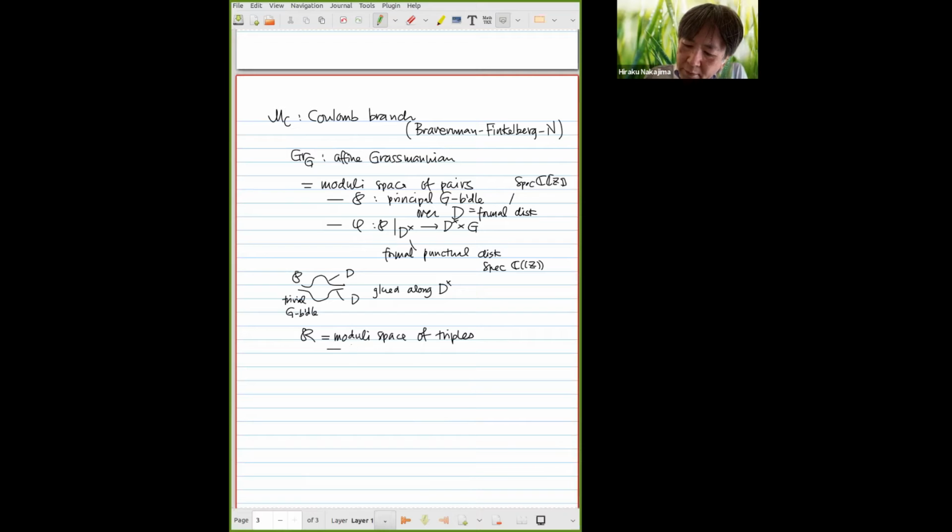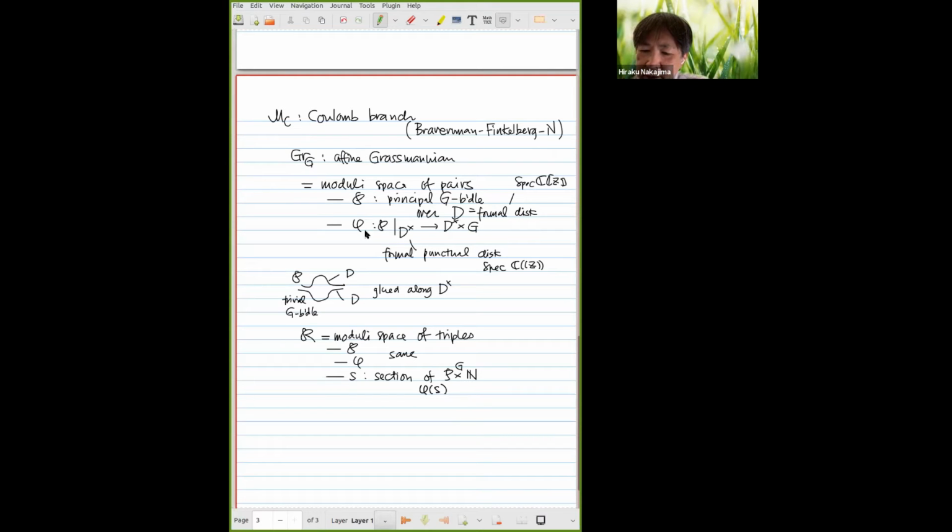P and phi are the same as before, but the new ingredient is S, a holomorphic section of the associated bundle P cross G to the N. Recall N is a representation of G, and if you have a G bundle P, then you can consider the associated bundle and its sections. Then you impose the following condition.